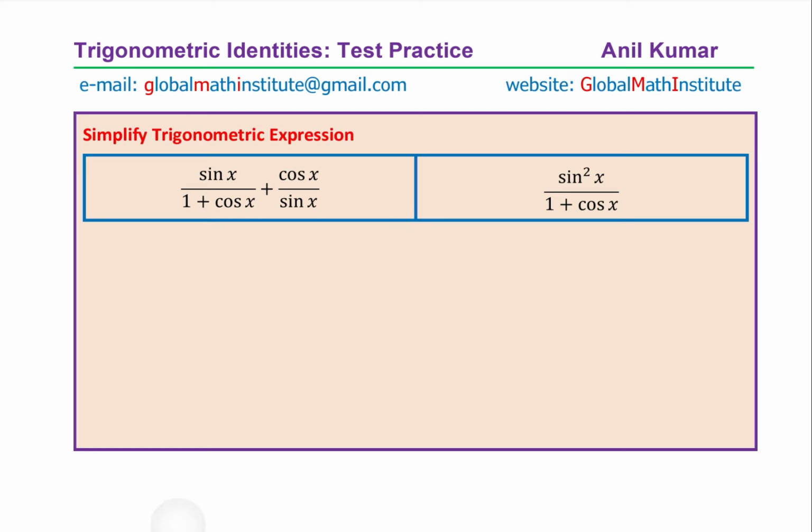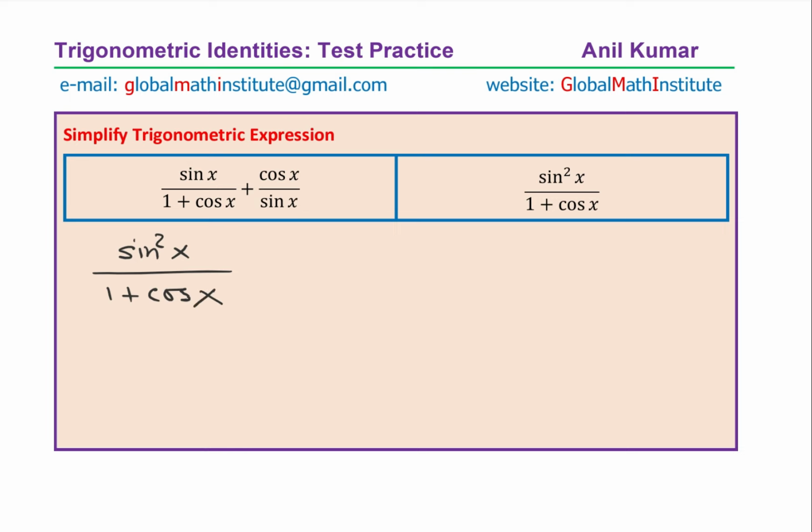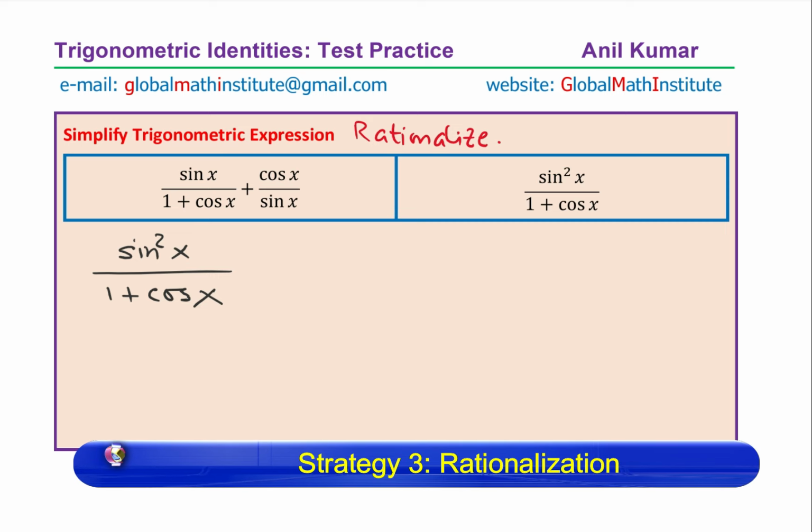So, the expression given to us is sin square x over 1 plus cos x. To simplify this expression, we will rationalize. Rationalization means multiply and divide by the conjugate, in this case of the denominator, which will be 1 minus cos x.